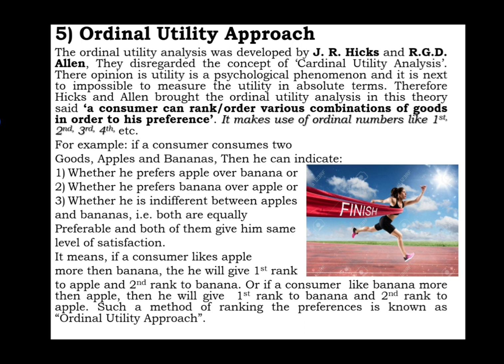It means if that runner crosses that line first among the runners, then we can call that runner the first runner. After her or him, if anybody crosses that finish line, then we can call them second, third, fourth place runners. So this is what the ordinal utility approach is.